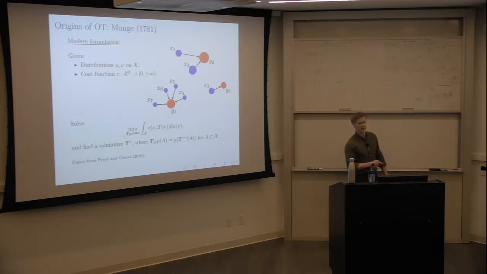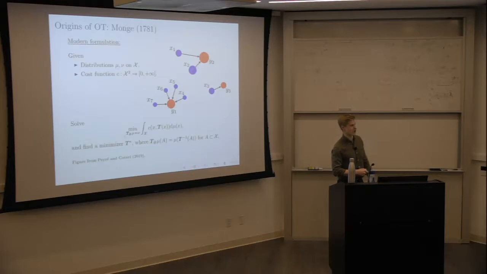With these two constraints, that this is our origin, this is our destination, and we have this cost function that describes moving a unit of mass from one point to another, Monge wants to find a map, T, so that the blue distribution gets mapped into the red distribution. That's what this constraint here says.